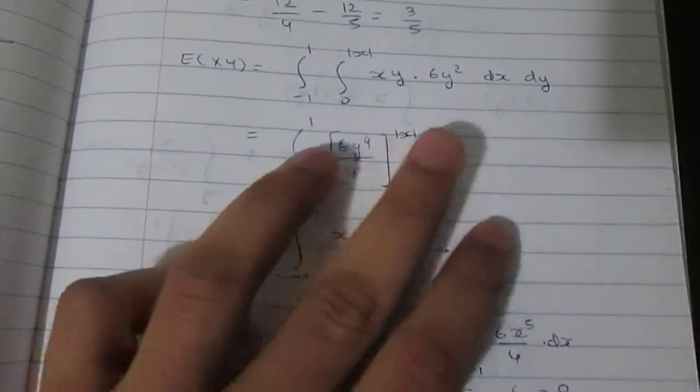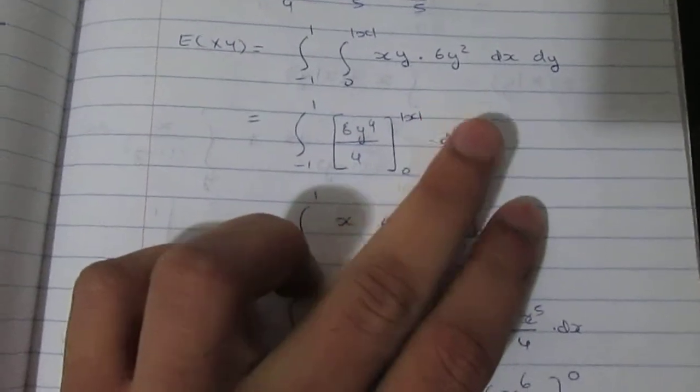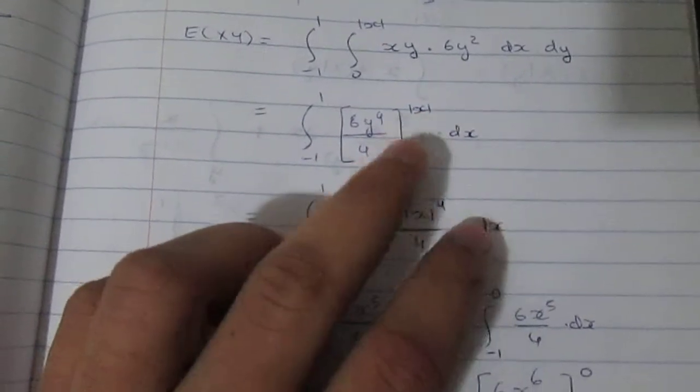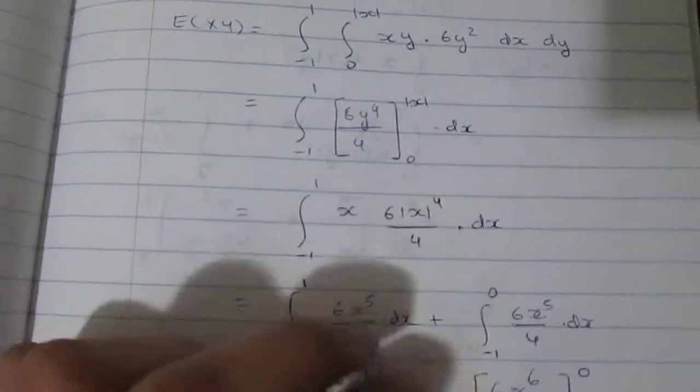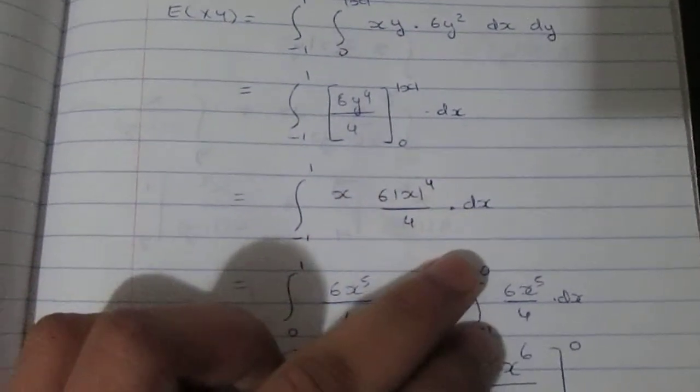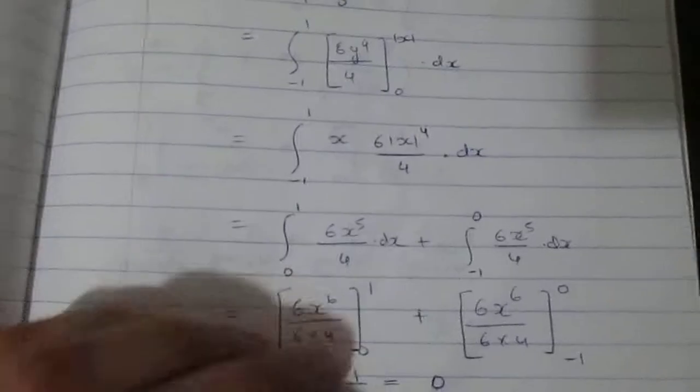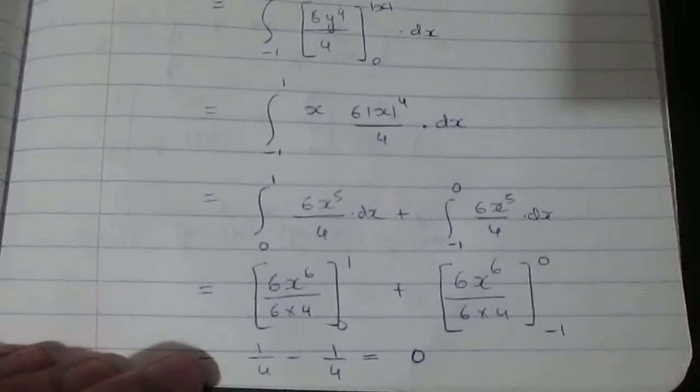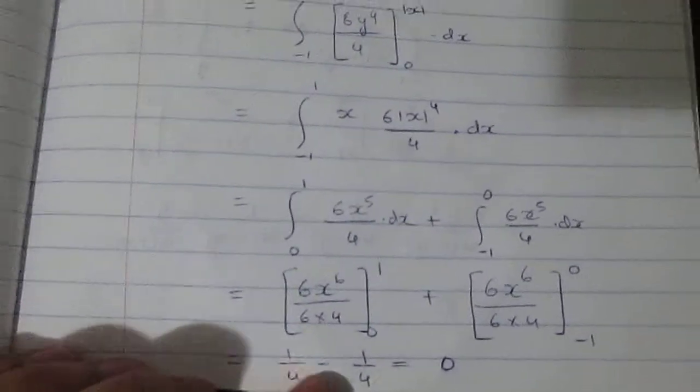So once we integrate it with respect to y, we will get something like this, and then we integrate it with respect to x, we should get something like this. So since it's an odd function, we should get it as 0.